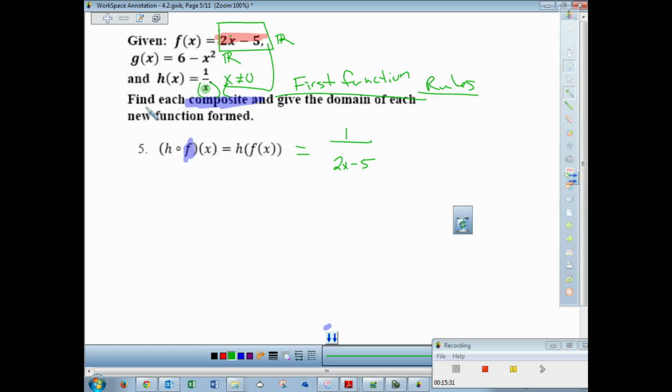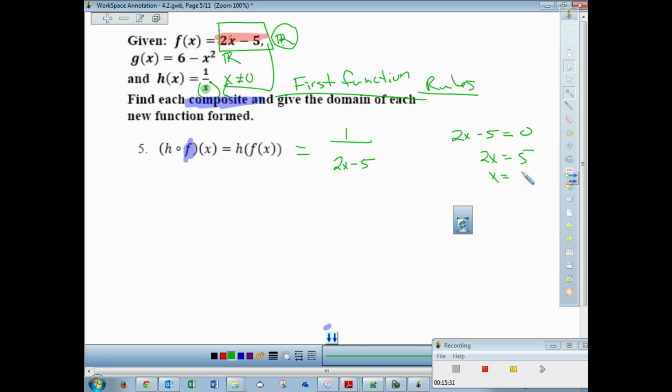Now I need to write its domain. Was there any original restriction? No. F was all reals. This is the function right here, correct? Is there any x in the denominator now? Yes or no? So I need to figure out what makes it 0. If I pull this off to the side and figure out what makes it 0, wouldn't you add 5 to both sides?